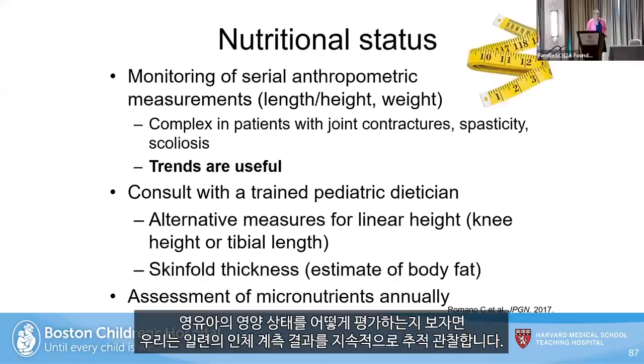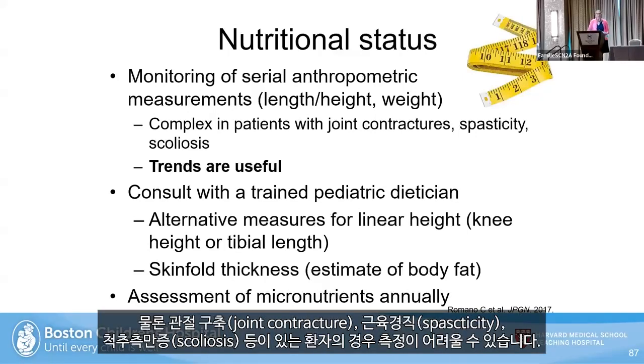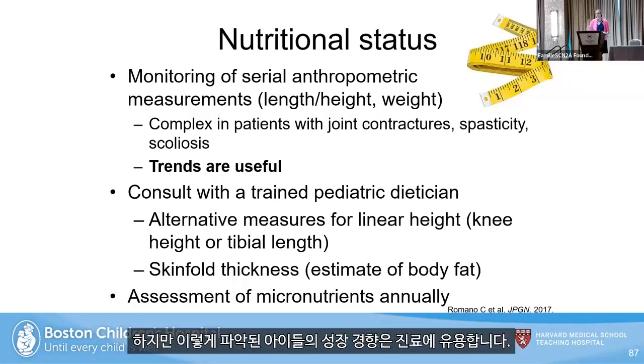So moving on to how we think about an infant or child's nutritional status, we do monitor what we call anthropometrics, right? That's looking at the length, the height, the weight of the infant and child. But of course, this is sometimes complex in patients with joint contractures, spasticity, scoliosis. So in general, the trends of your infant and children are very useful to us.